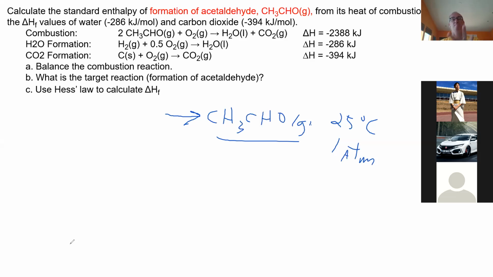That's what standard conditions mean for the standard formation of anything: you need to get all of the atoms in that molecule from the lowest energy, most stable form of those atoms at 25 degrees C and 1 atmosphere. The most stable form of carbon is graphite, so carbon, solid.